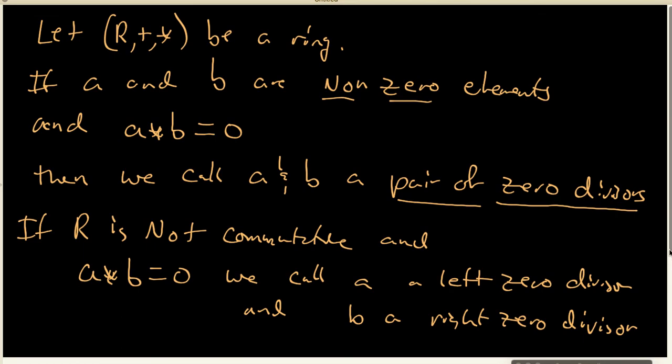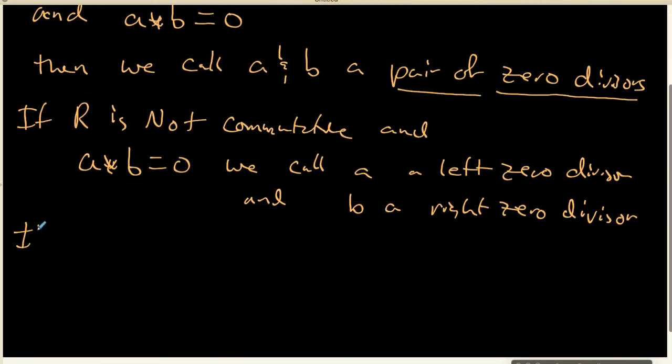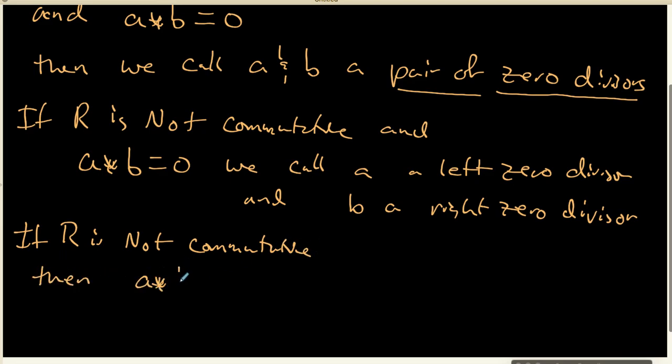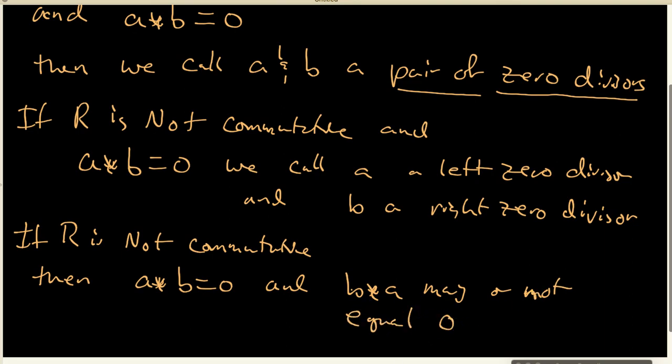In other words, if R is not commutative, then it's possible for A times B to equal 0, and B times A may or may not equal 0. And I want to actually look at that particular idea and make it very concrete.